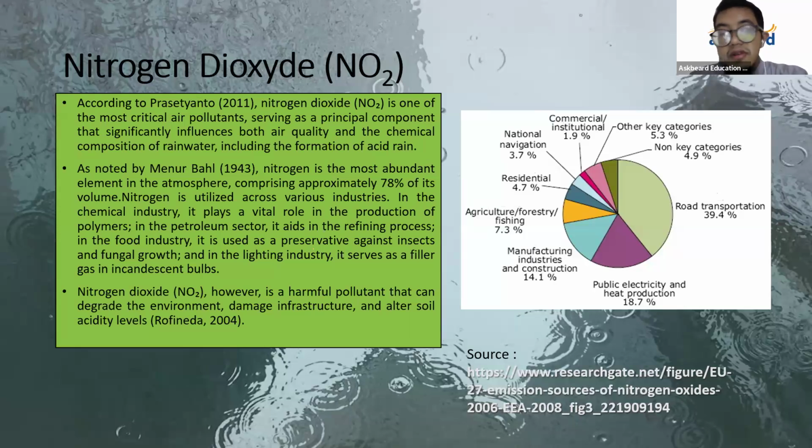So it will decrease the productivity of the agricultural sector. On the other hand, another effect is that it is a harmful pollutant that can degrade the environment, damage infrastructure, and alter soil acidity levels.